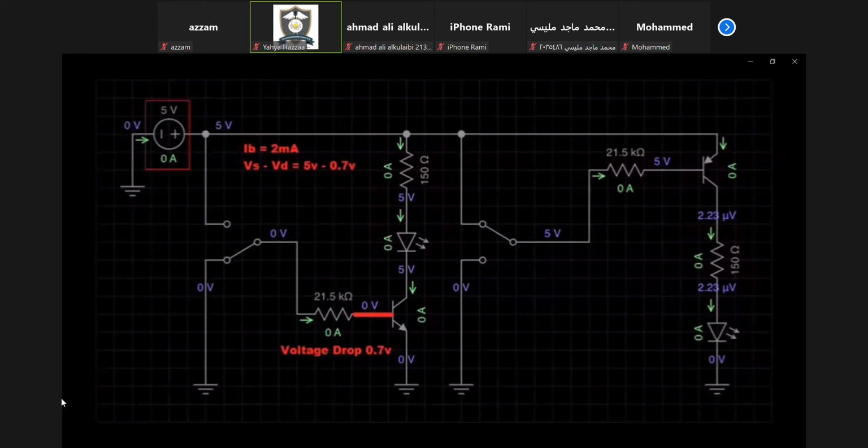We can now calculate the resistor value by dividing the voltage by the current. 4.3 volts divided by 0.02 amps gives us the base resistor value of 2150 ohms or 21.5 kilo ohms.